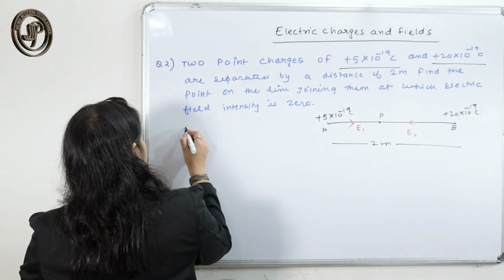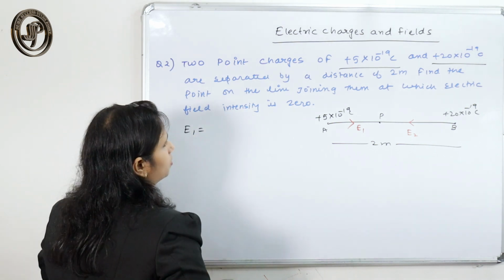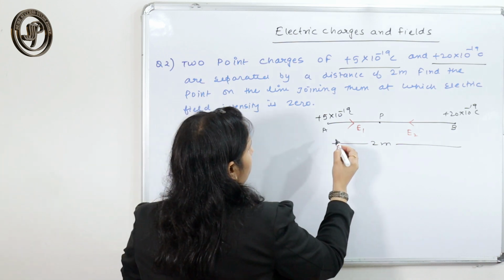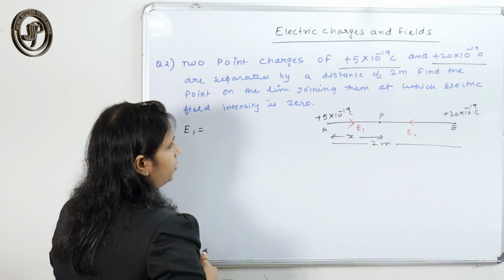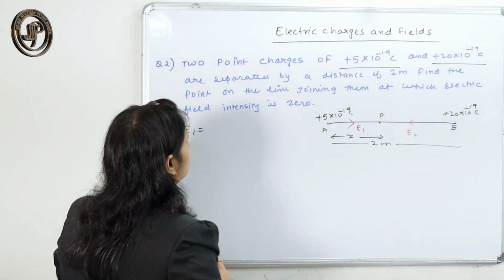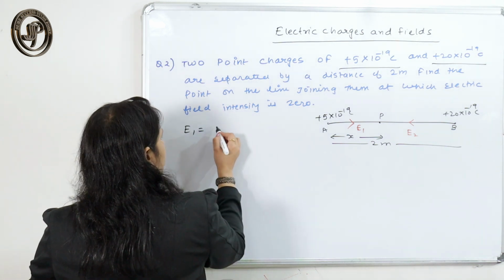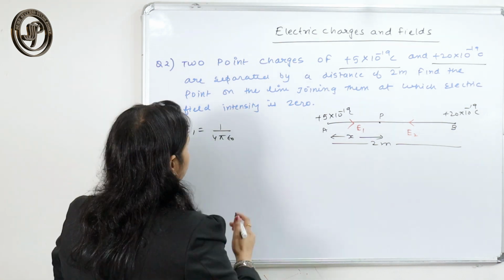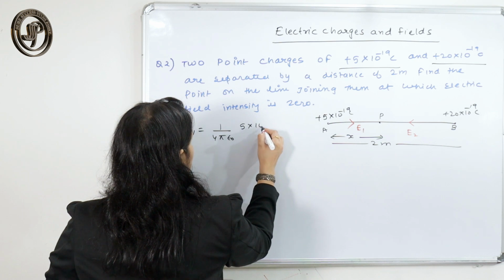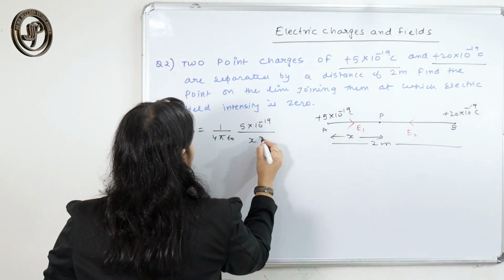Now, how can we find their magnitudes? So, if we consider at a distance x from point A, the electric field is 0. So, the magnitude of E1 will be 1 by 4 pi epsilon naught 5 into 10 raised to power minus 19 by x square.